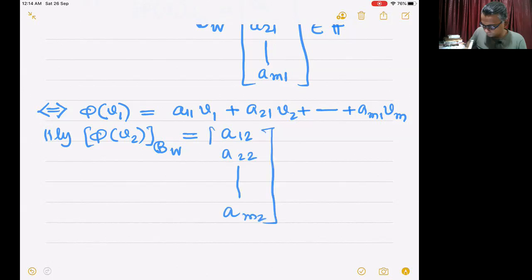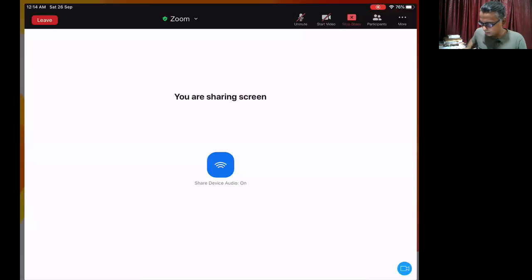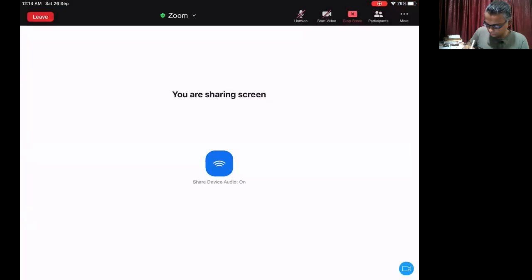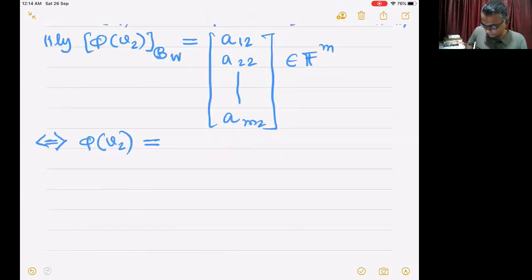As before, this is equivalent to saying phi acting on V2 is A12 W1 plus A22 W2 plus dot dot dot Am2 Wm.